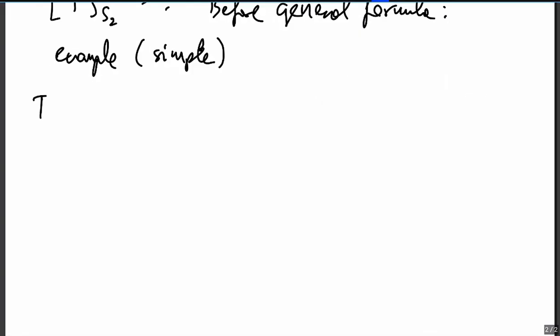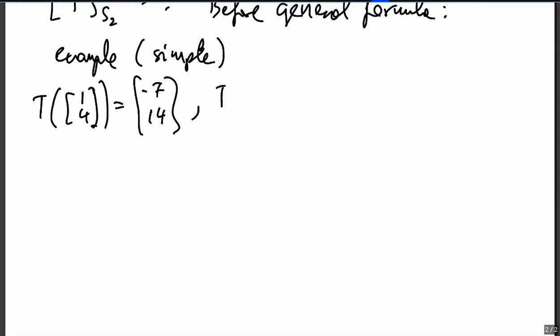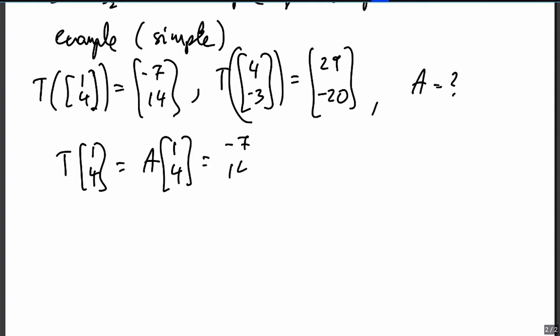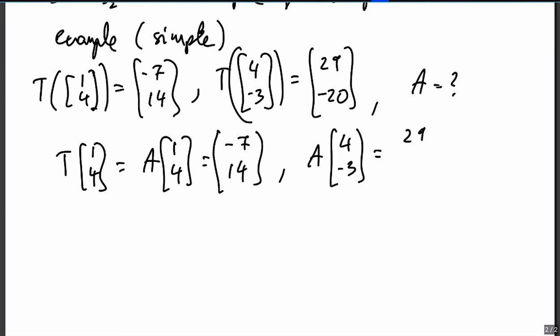So if we have T of (1, 4) equals (-7, 14), and T of (4, -3) equals (29, -20), then when we are looking for the matrix of the transformation in the standard basis, what we are looking for is a matrix A so that T of (1, 4) is really A times (1, 4), and that equals (-7, 14). And similarly, A times the vector (4, -3) equals (29, -20).